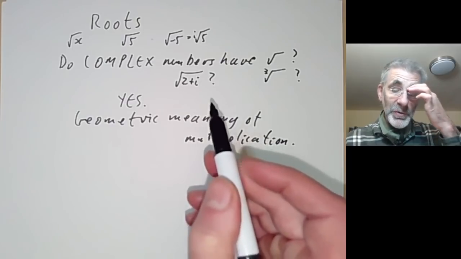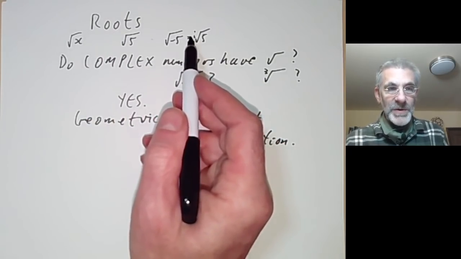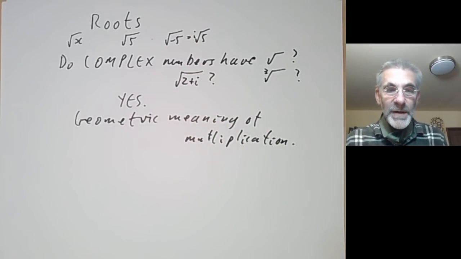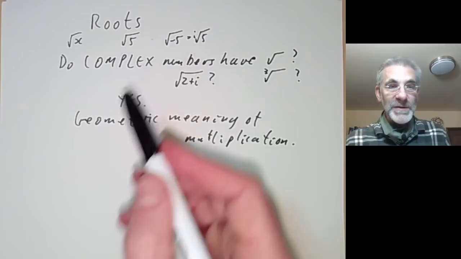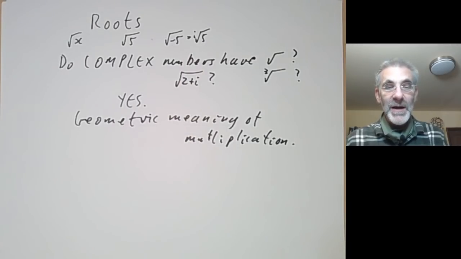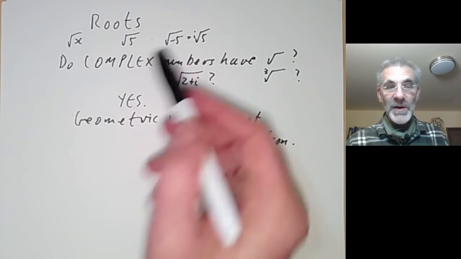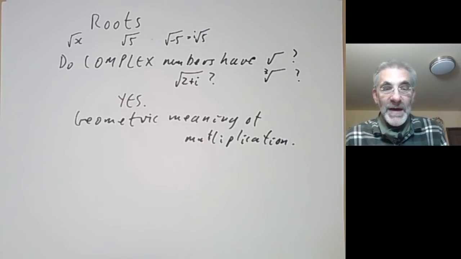By the way, it's not at all obvious that if we just add in the square root of -1, then we can automatically find square roots of anything. For example, if we started with the rational numbers instead of the real numbers and added in the square root of -1, then there would still be lots of things that didn't have square roots. And even if we added in the square roots of all rational numbers, there would still be lots of numbers like 1 plus i that didn't have square roots.